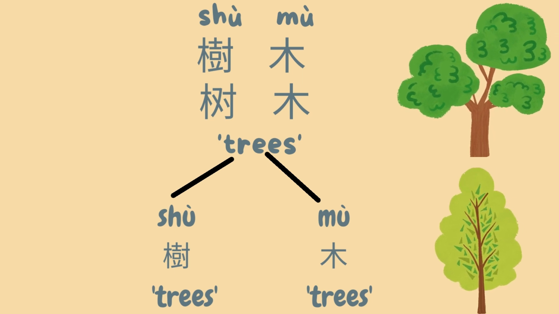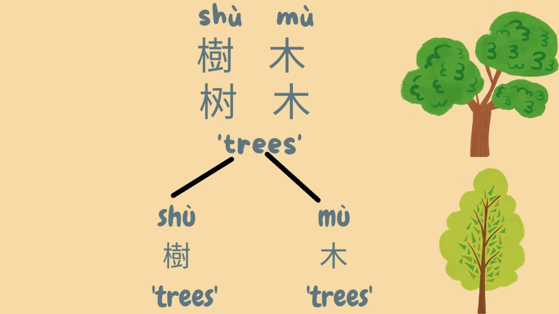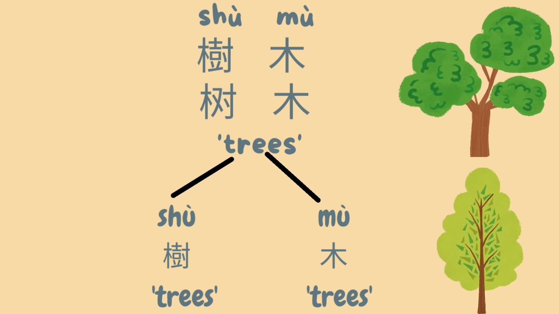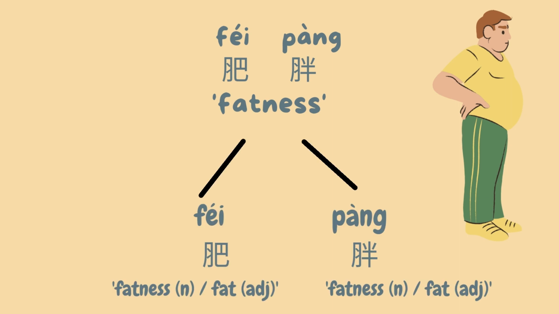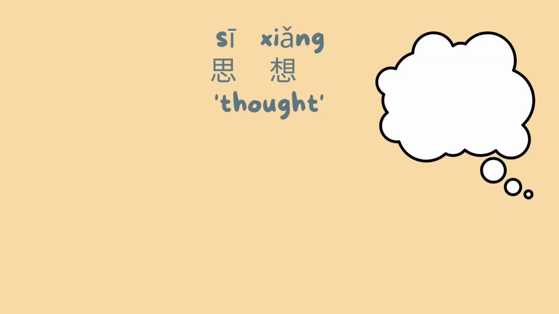The word they form, 树木, is reasonably a term used to indicate trees. The next example is 肥胖, fatness. Both the constituent characters 肥, fatness or fat, and 胖, fatness or fat, are synonymous with one another and with the word they form, 肥胖, fatness.